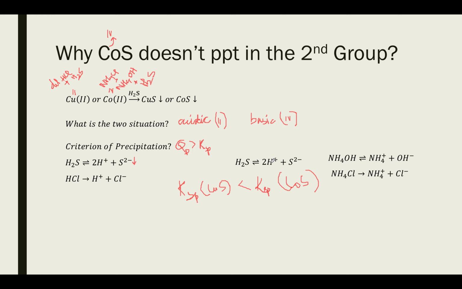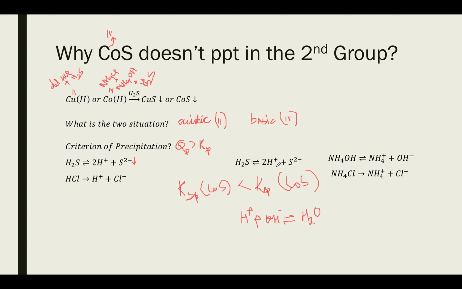It will abstract H plus, so a new equilibrium is possible here, which is H plus plus OH minus giving H2O. This H plus is now consumed by the basic condition and converted to water.